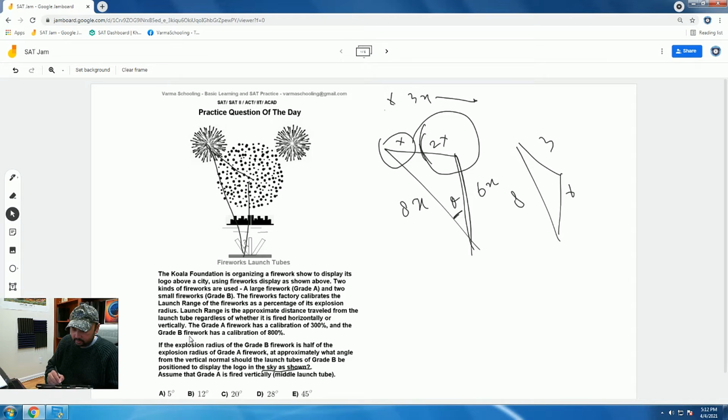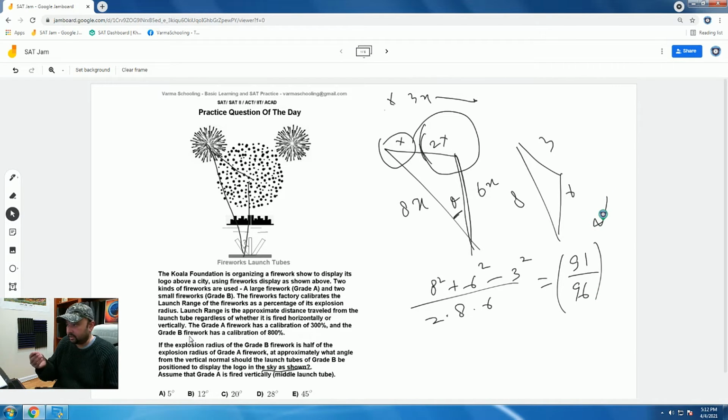It would be 8 squared plus 6 squared minus 3 squared, divided by 2 times 8 times 6. And that would be about 91 divided by 96. So that will be a cosine. If you take the cos inverse, now it does say calculator, okay, so you could plug this in, get your cosine, the number would be something like 18.57 degrees, which is the closest answer to 20.